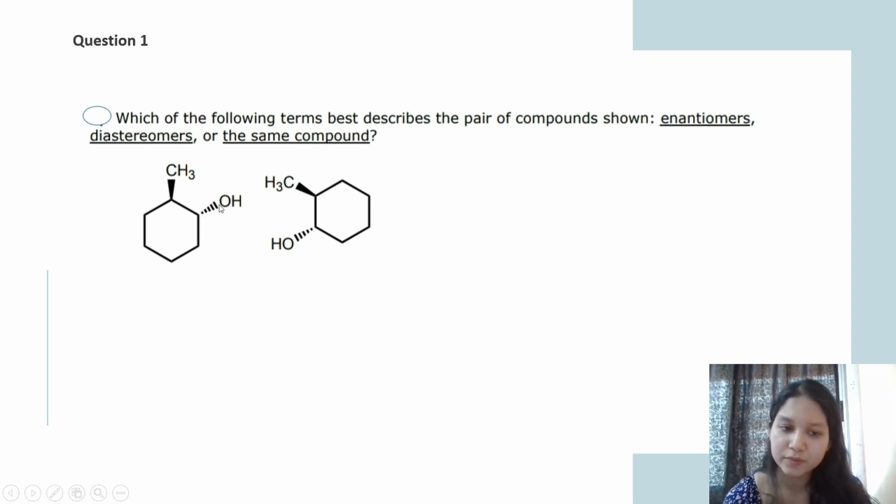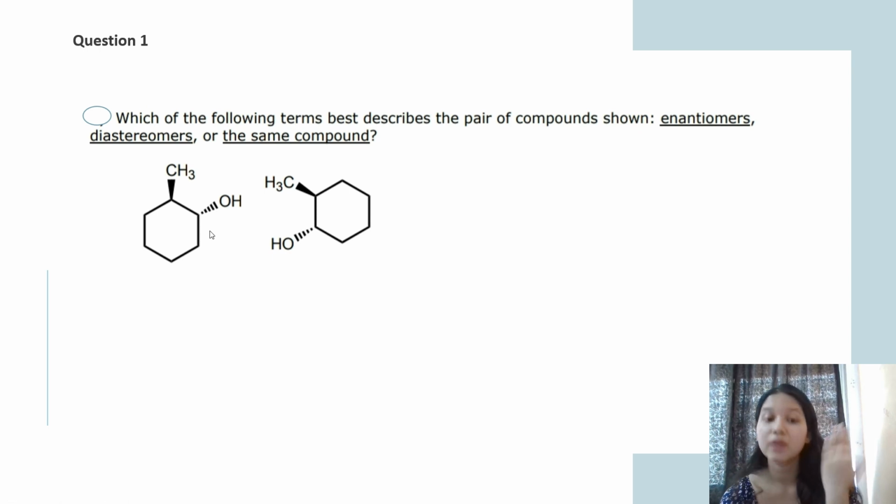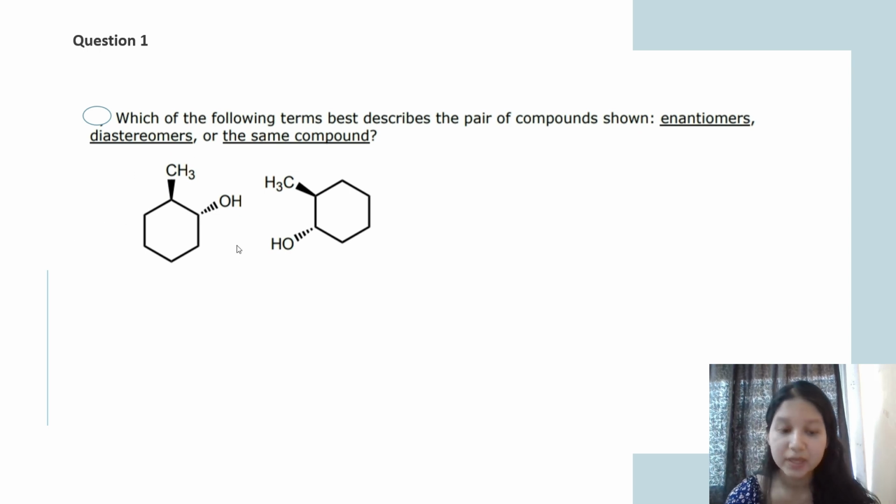If we are moving from 1 to 4 in a clockwise direction... here, in an anti-clockwise direction, because 1, 2, 3 is anti-clockwise, but the fourth priority group is above the plane, not below the plane like the first case, then we will have to reverse the configuration. That is, although it is anti-clockwise, we will name it as R configuration.